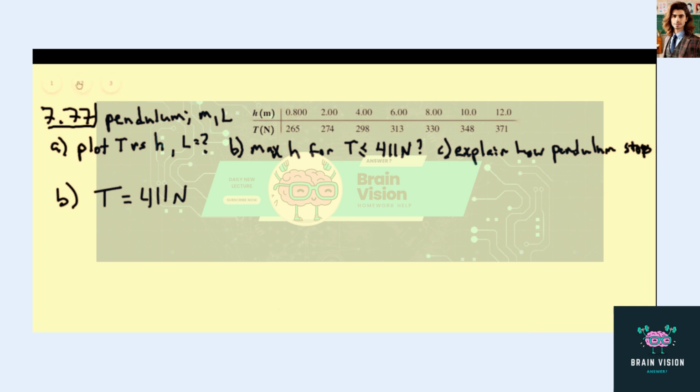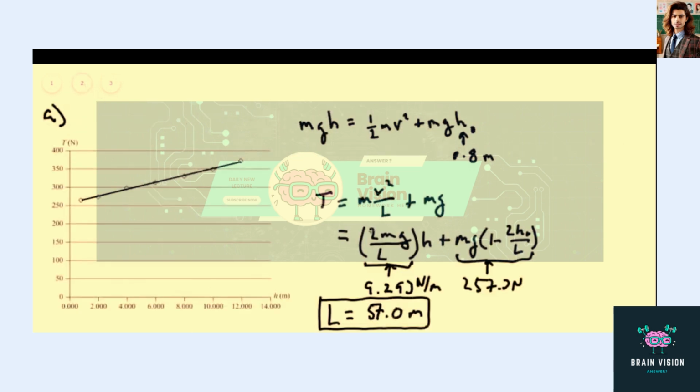So using the equation we just had in part A, T equals, let's call it alpha H plus T naught. Alpha is our 2 mg over L. T naught is this.